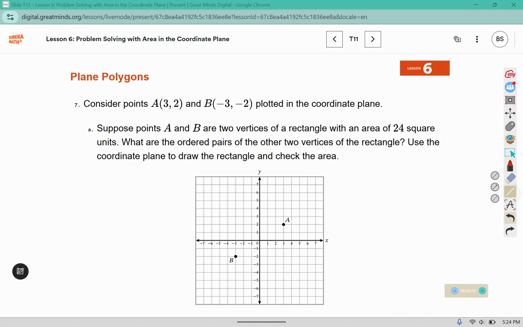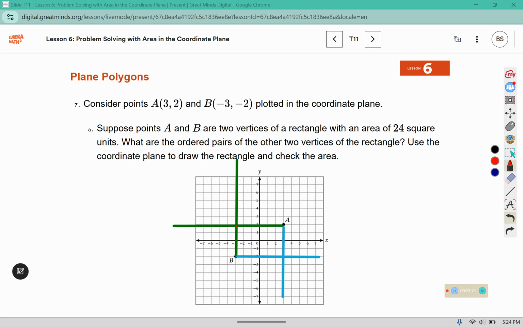If these are the vertices of a rectangle, we can extend out past A and extend out from B and see where they cross. And then do the same in the other direction and see where they cross.